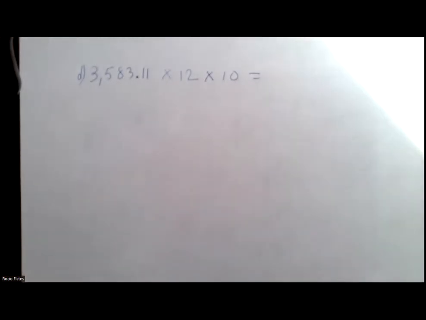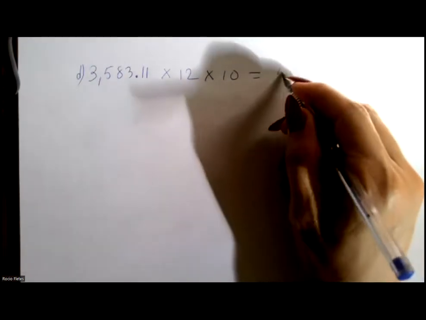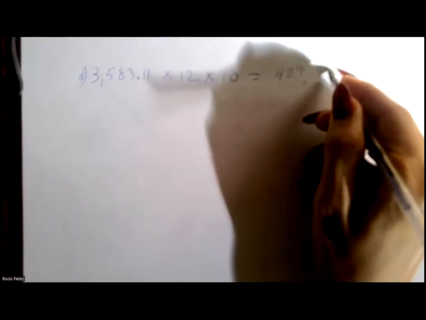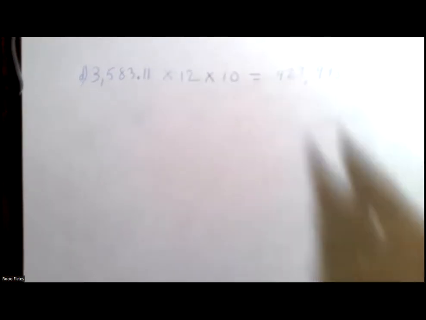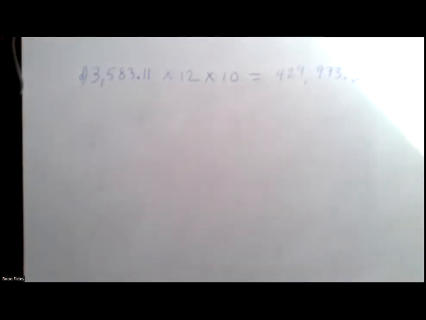Remember, it's 10 years. So 3,583.11 times 12 times 10 gives me 429,973.2, right?